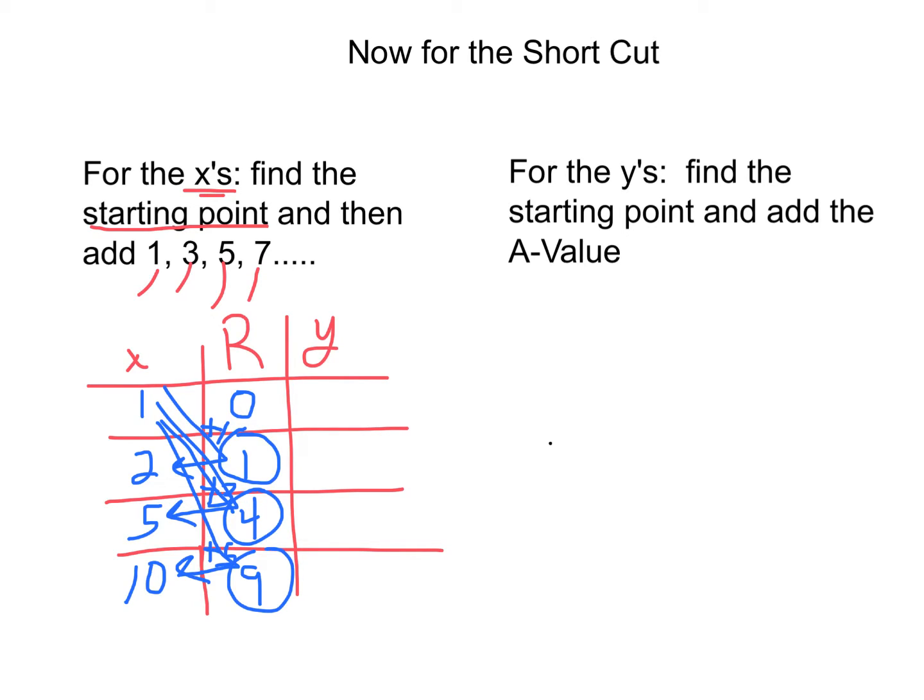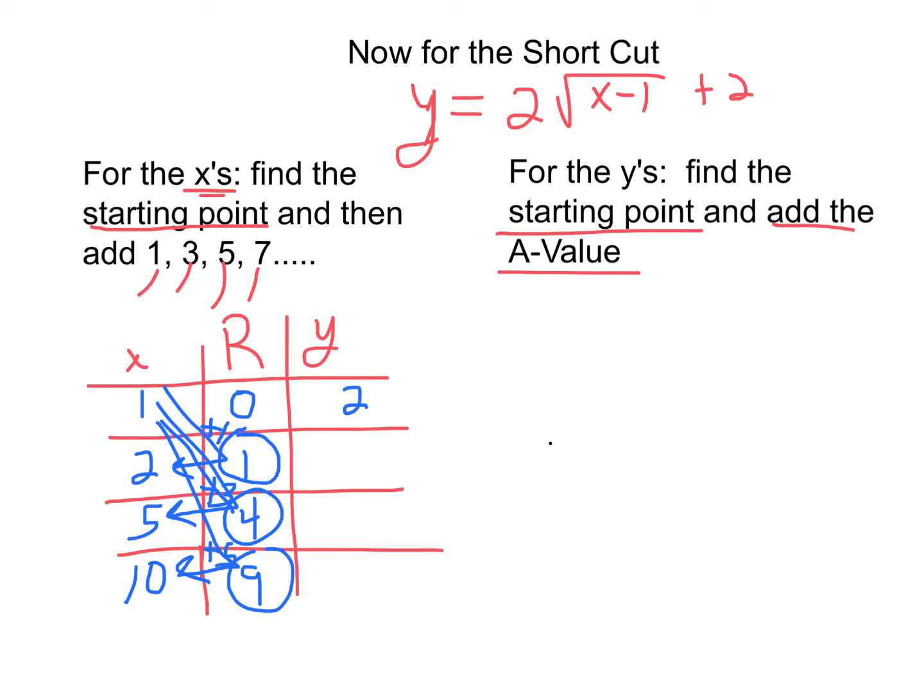Now, for the y's, we start at our starting point and then add the a value. So let's say, for instance, we had the function y equals 2 radical x minus 1 plus 2. So again, we'd start at plus 2.